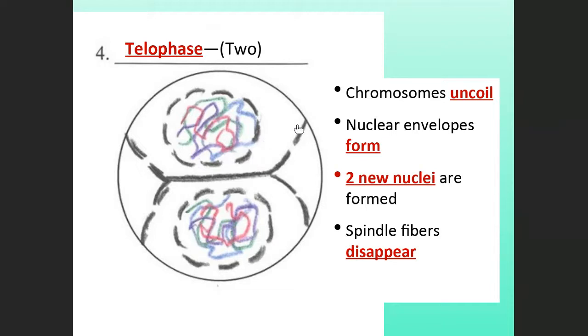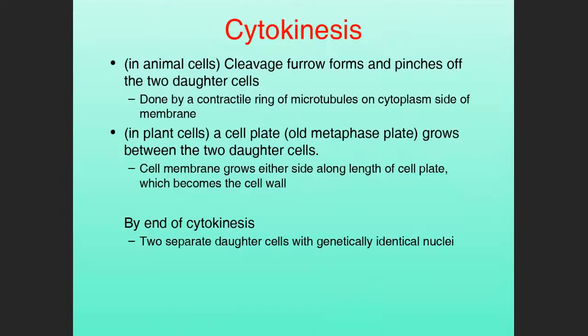A cleavage furrow will also be found, which will separate both daughter cells from each other in the next stage. So chromosomes uncoil, nuclear envelopes form, and two nuclei are formed, in which the spindle fibers will also disappear, and centrioles will also disappear from the site. And now the karyokinesis has been completed here. Now the cytokinesis will start.